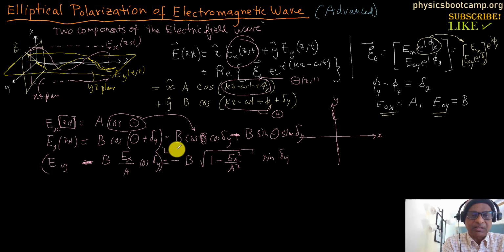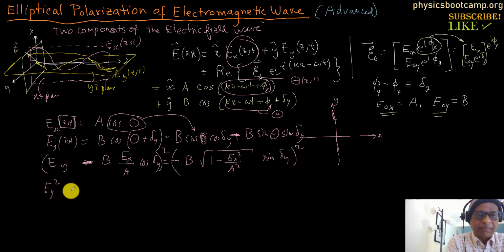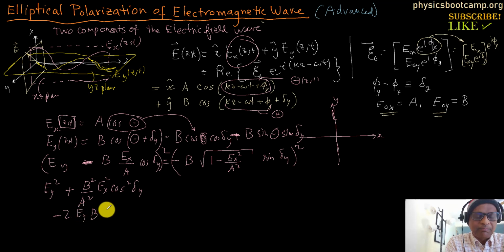So I'll just say Ey and bring this guy on the other side, and then this equal to that. And maybe we can square both sides. So we get Ey square plus b square over a square Ex square cosine square delta y, and there's a cross term, minus 2 Ey b Ex over a cosine delta y.